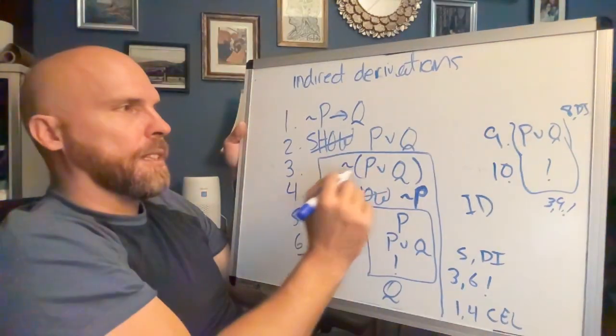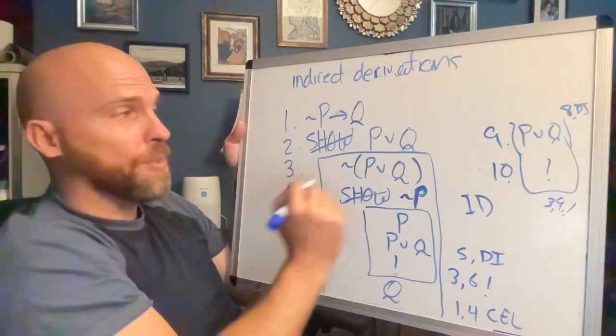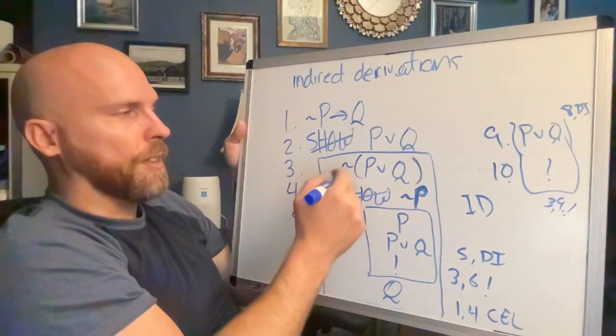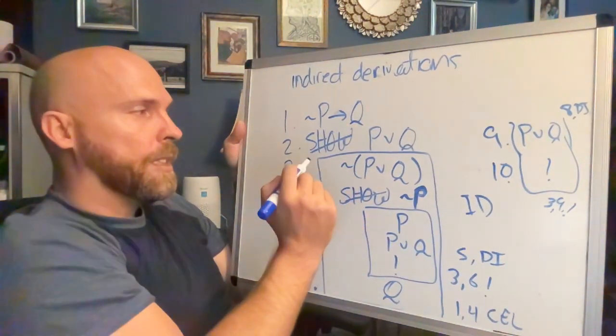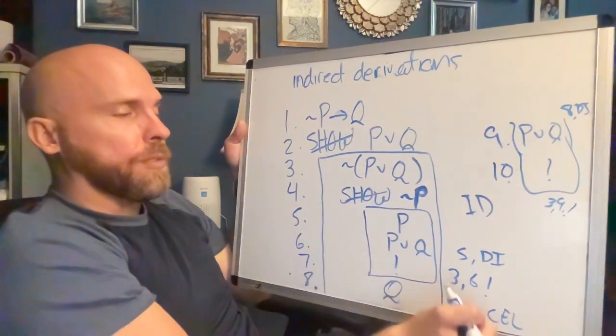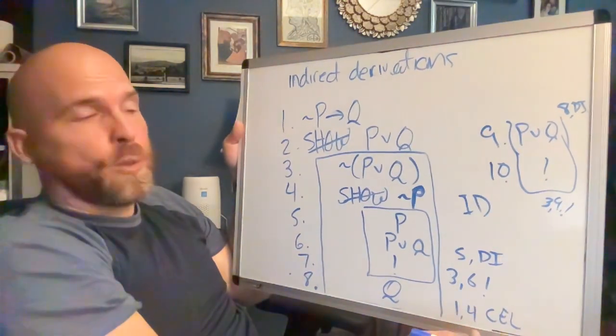Mark that off because I can't allow for contradictions. If I assume not P or Q is true, then I get a contradiction, so I'm allowed to infer P or Q.